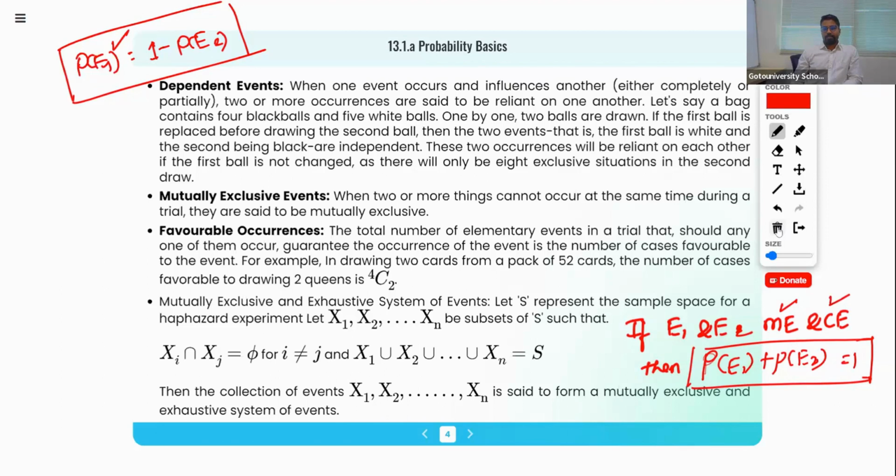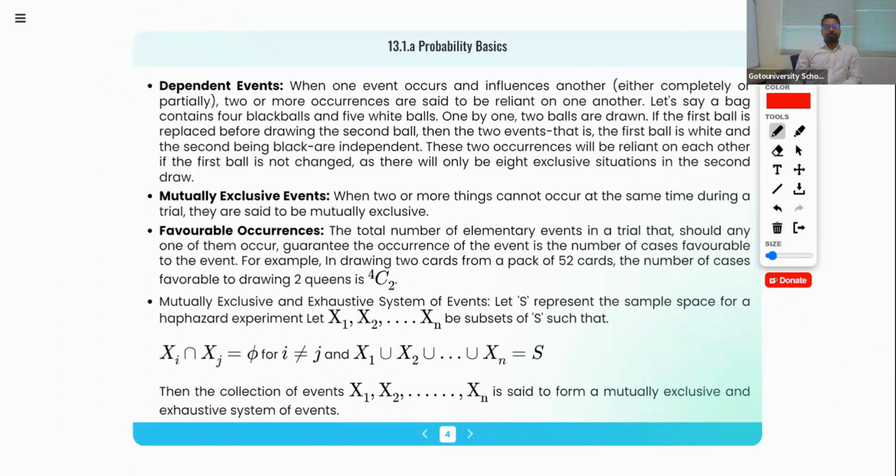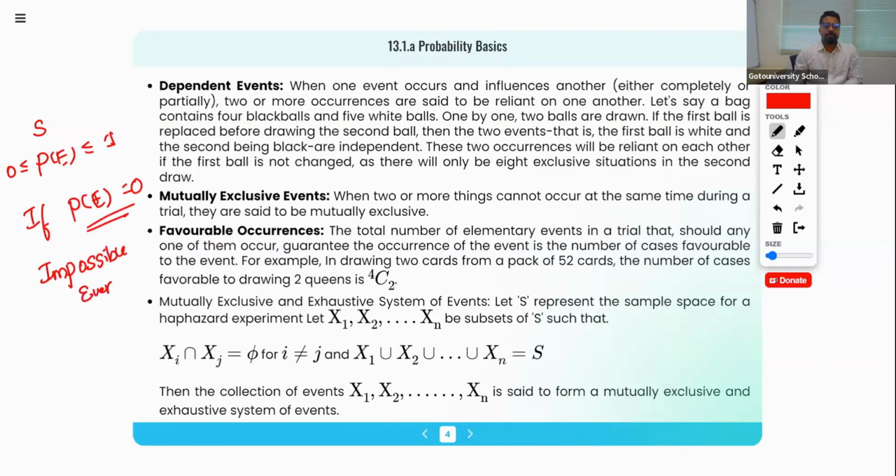Now, another definition you need to know: as I told you, the probability of an event lies between which values? 0 and 1. If the probability of an event is 0, that's called an impossible event. Can you give me an example of an impossible event?